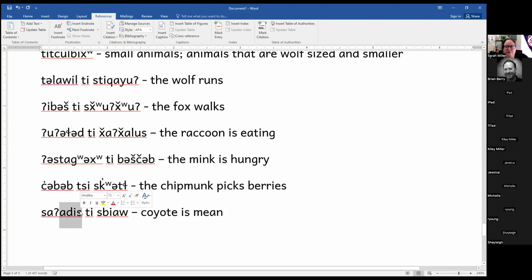Adis refers to your teeth. This is also how you can say you've got a toothache or a bad tooth, but it also means mean. Sa'adis T Speow. I'm not sure why it's in the dictionary as mean. I might have to do some further digging to find out why.